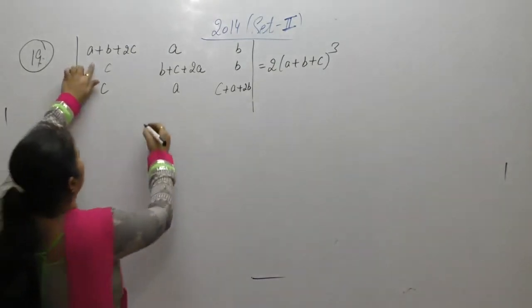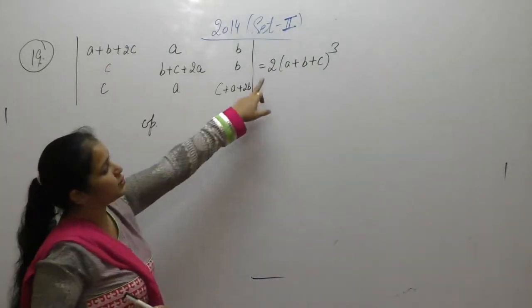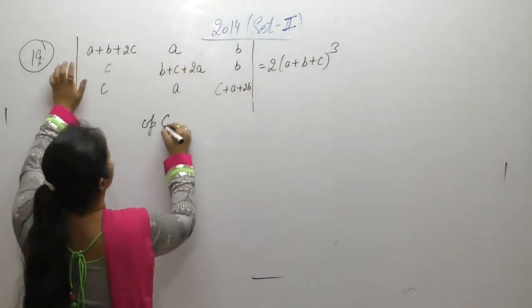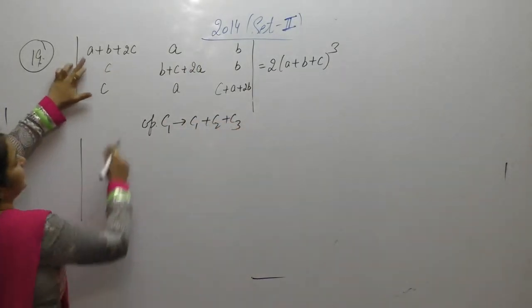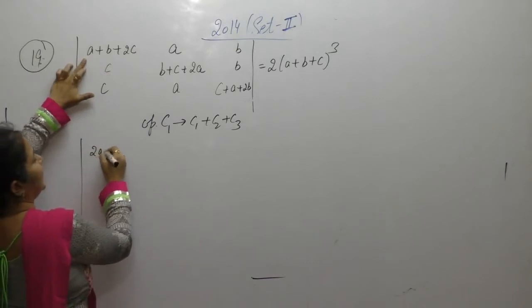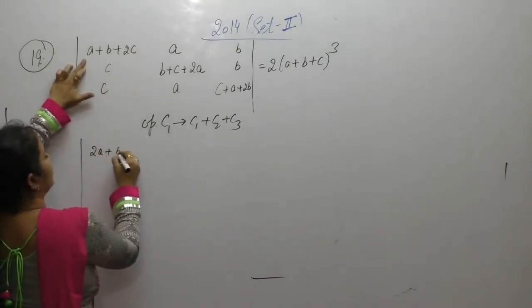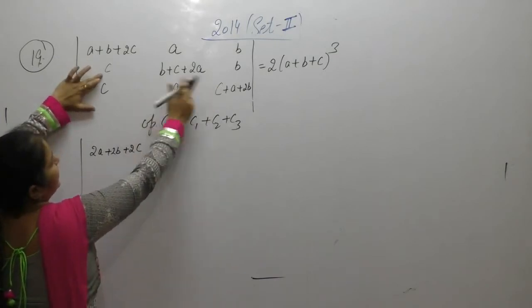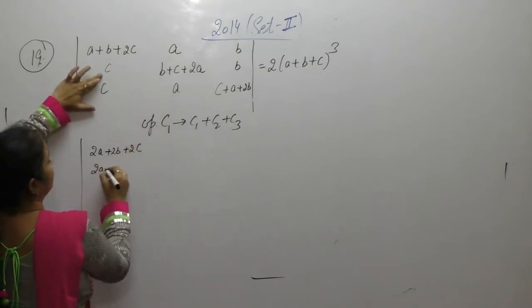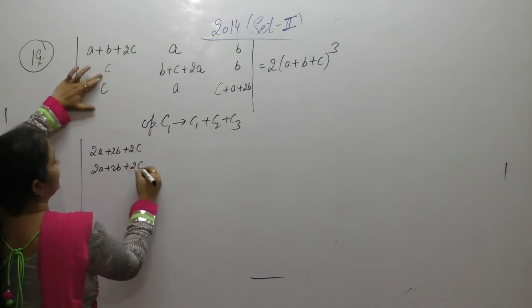Now first operate, we want 2. So add columns 1, 2 and 3. A plus A, 2A, B plus B, 2B and 2C is here. C, B plus B, 2B, C plus C, 2C.